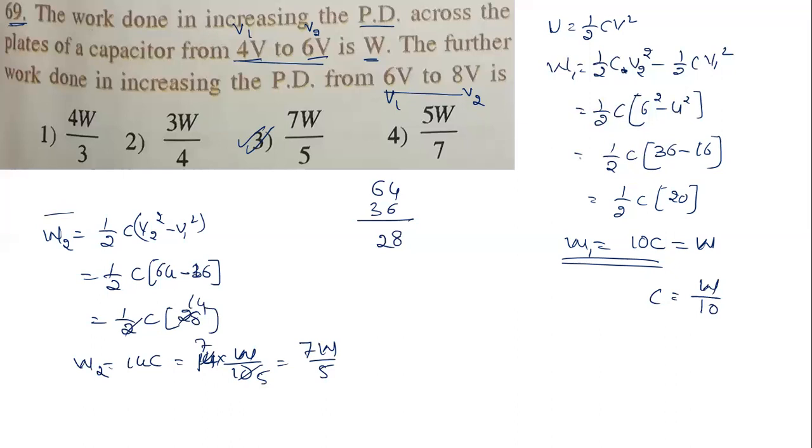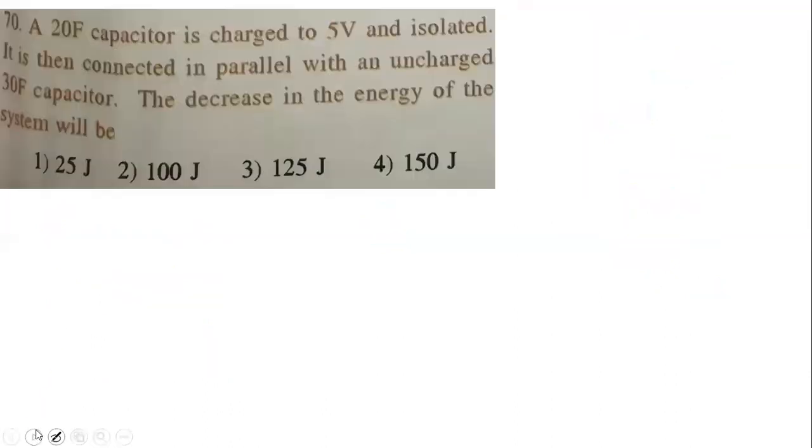Okay. Next we go for the last question of today's session of this chapter. Now a 20 farad capacitor, C1, is charged to 5 volt, let's say V1, and isolated. Then it is connected in parallel with an uncharged capacitor C2. Since it is uncharged, potential V2 is 0. They are asking for the decrease in energy. Decrease in energy means we need to find the loss of energy, delta U, that is U initial minus U final.